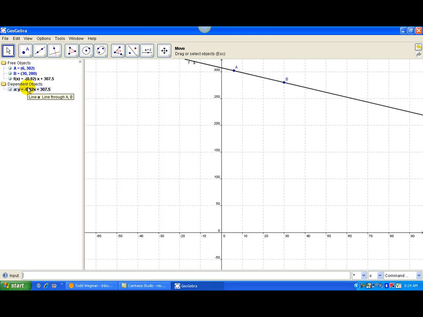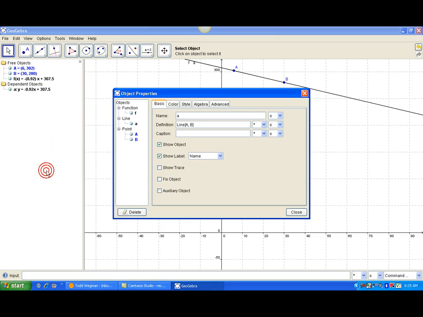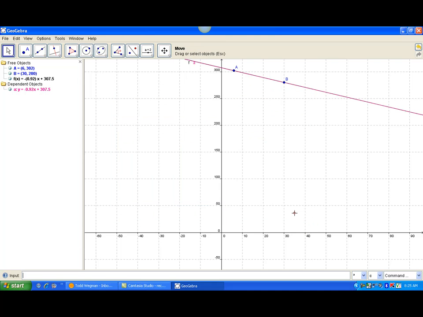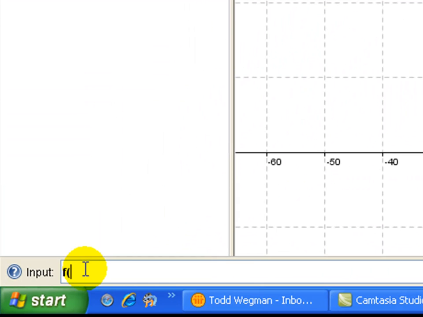And again, if I wanted to, you can change the color. I can go down to object properties and change the style of this line. I can change the color, and that's the same thing for all your points. So we'll use this pinkish color. Now the nice thing is, I have this function, f of x, so I can go down to my input and basically ask, hey, I want the function at 80.